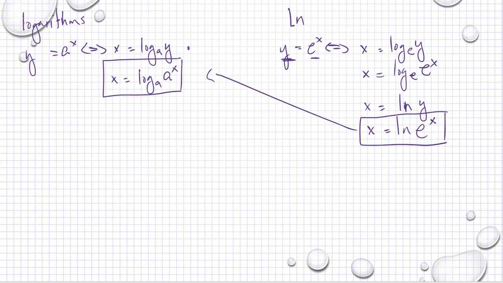Okay. And then we also learned that x is equal to a raised to logarithm of x with the base a. That is also a property of logarithm. If we transform that in natural logarithm, then we have x is equal to e raised to ln of x.